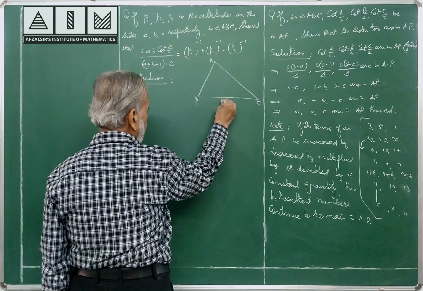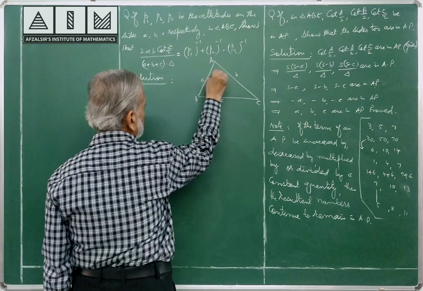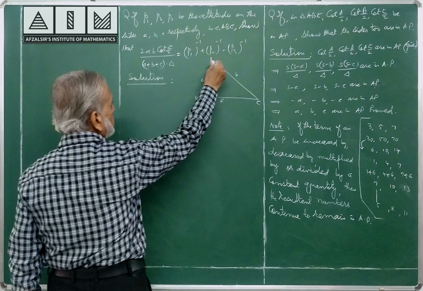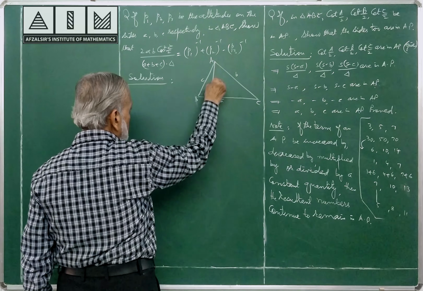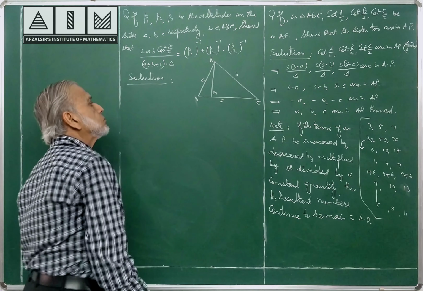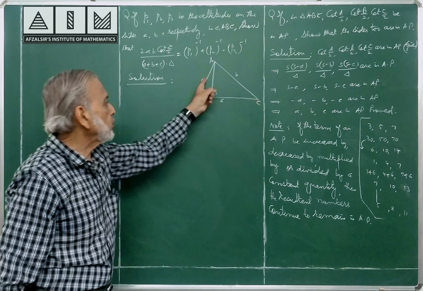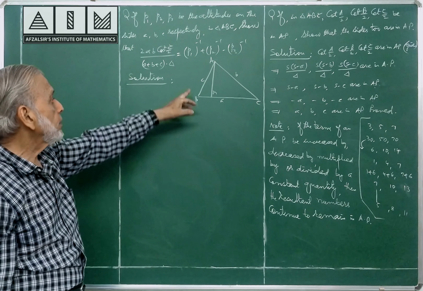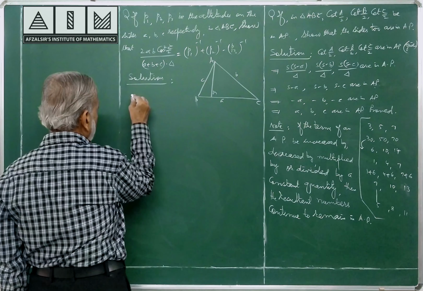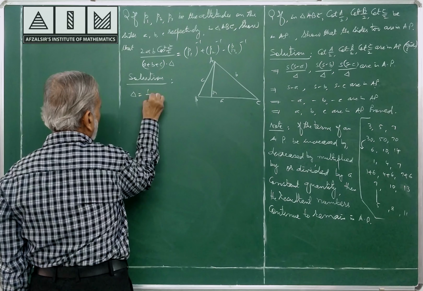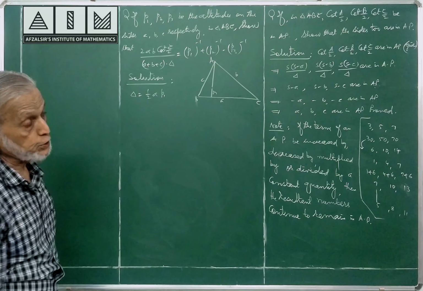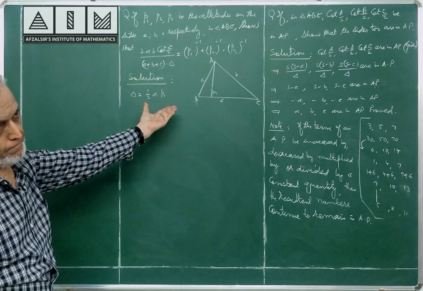You know, this is A, this is B, this is C. P1 is the altitude on A, P2 on B, P3 on C, I will draw later, there is no hurry. P1 is the altitude on A, and you have already done in the beginning of this chapter, area of triangle is equal to half A P1, 1 by 2 base into height, half A P1.